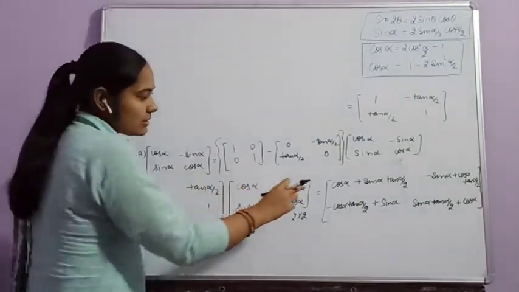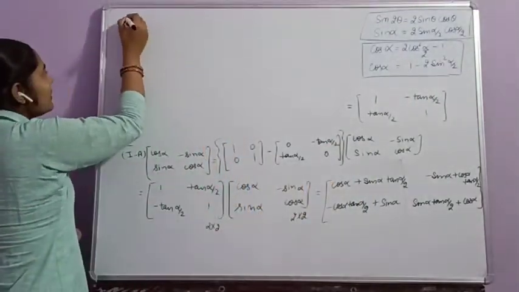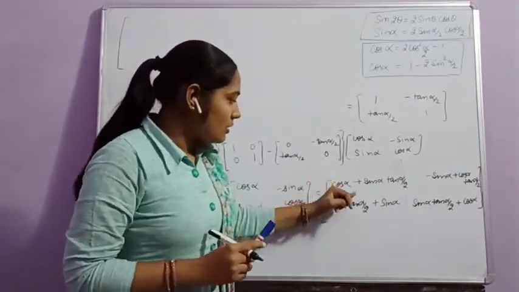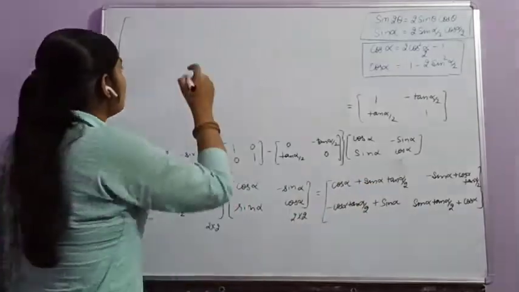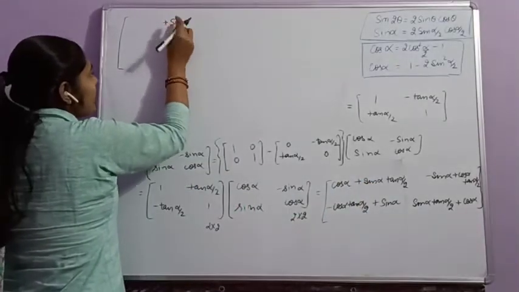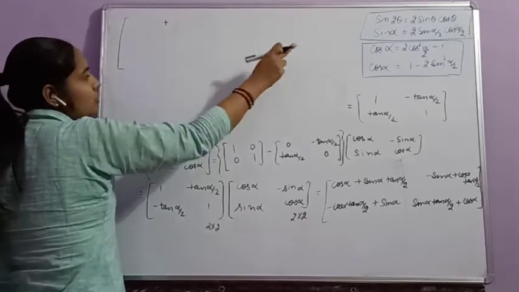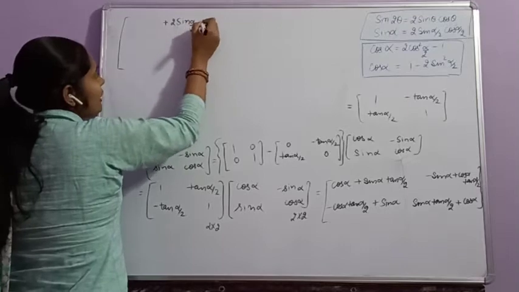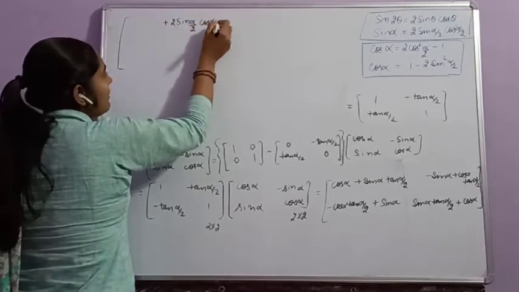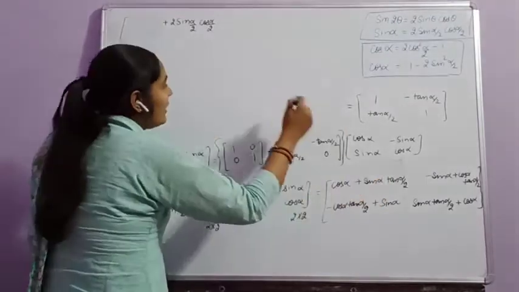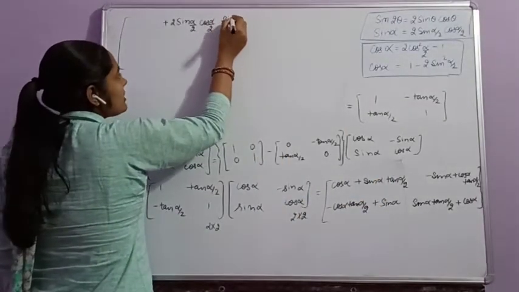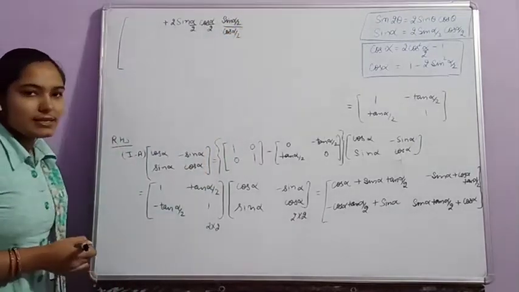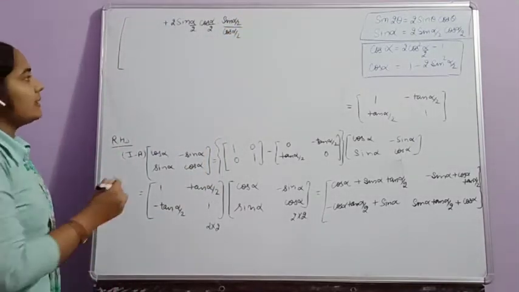So we solve first here, that is cos alpha, that is cos 2 theta. Then which formula is used? We solve the second part, that is plus sin alpha. Sin alpha can be written as sin 2 theta, which is 2 sin alpha by 2 cos alpha by 2, multiplied with tangent alpha by 2, and we know that tangent alpha by 2 is equal to sin alpha by 2 divided by cos alpha by 2, as tangent theta is equal to sin theta by cos theta.